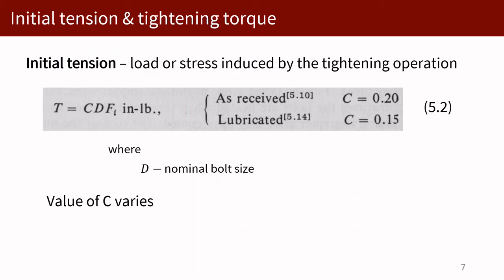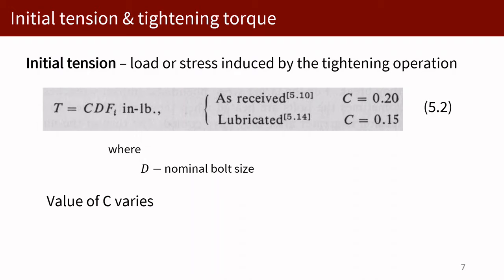So for example, if we use wrenches other than a torque wrench, it is just estimation, or guesswork, that the tightness is okay.